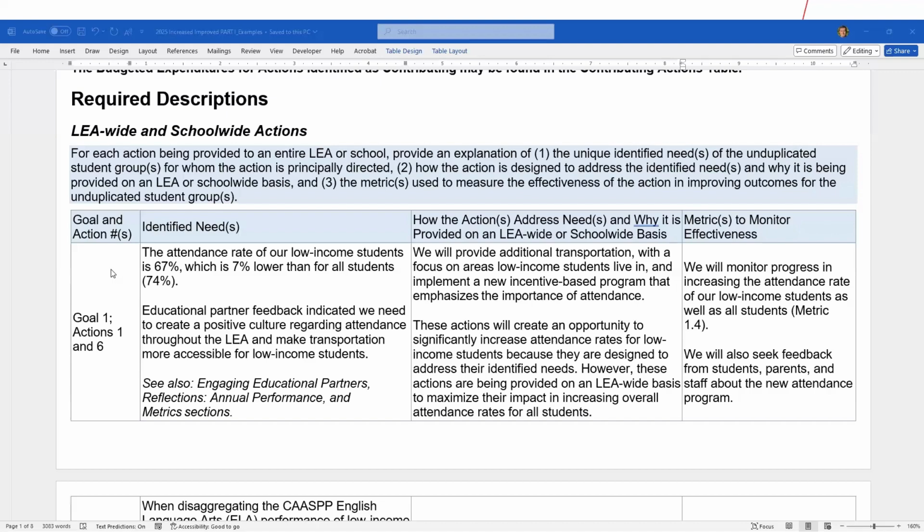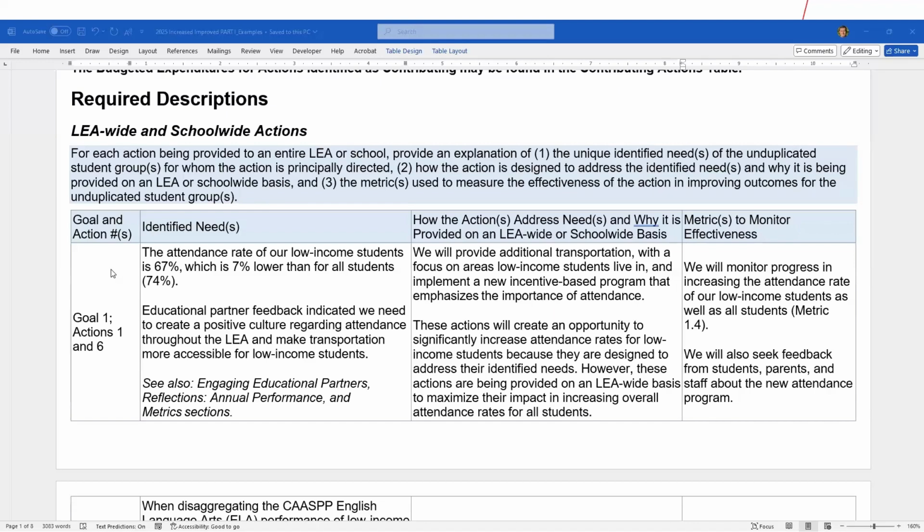That's for the reader of your increased improved services section to know, oh, if I want to know a little bit more information about these identified needs, I can look in those sections of the LCAP because there's probably more depth to what is captured succinctly in this column. So that's just kind of a strategy you can use so that you don't have to make the identified needs section 400 paragraphs. You can summarize quickly and reference the rest of the LCAP where the information also lives.